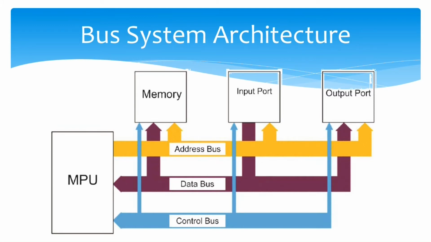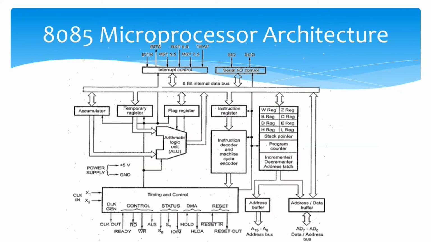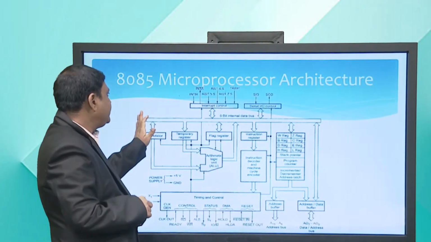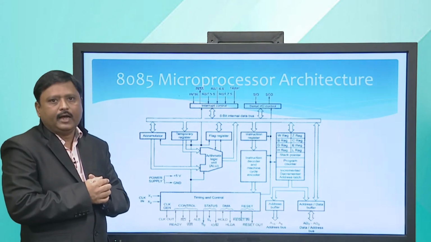You can see the address bus in yellow color, data bus in purple color and control bus in blue color, and it connects to various components like microprocessor unit, memory, input port and output port. Okay, now let us see it in detail in the 8085 microprocessor architecture.